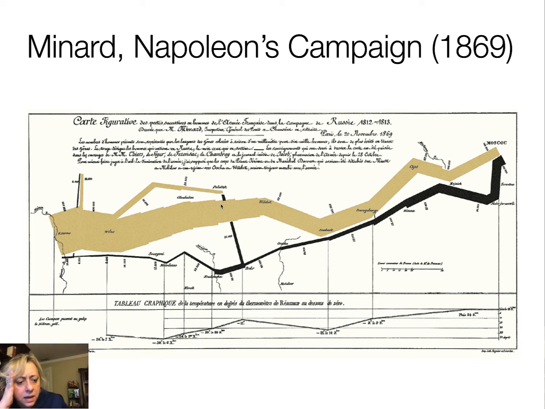It starts from the left, and the width, the thickness of the ribbon, represents the number of his army, and it gets thinner as he goes in his conquest, in conquering Moscow. So as you can see, the drop in the number of the army until here in Moscow, you can tell how many people he lost during this period of time.